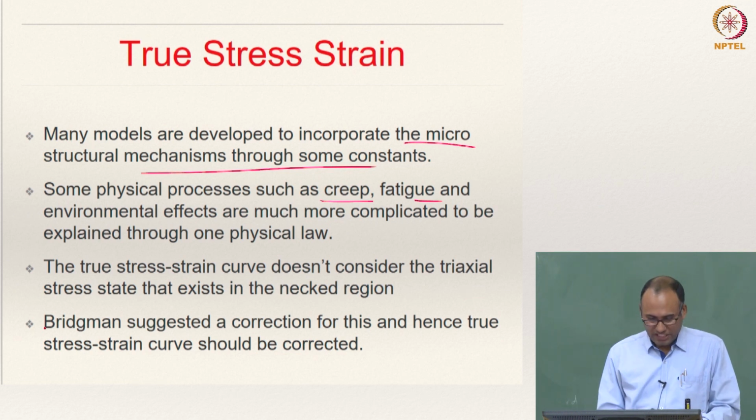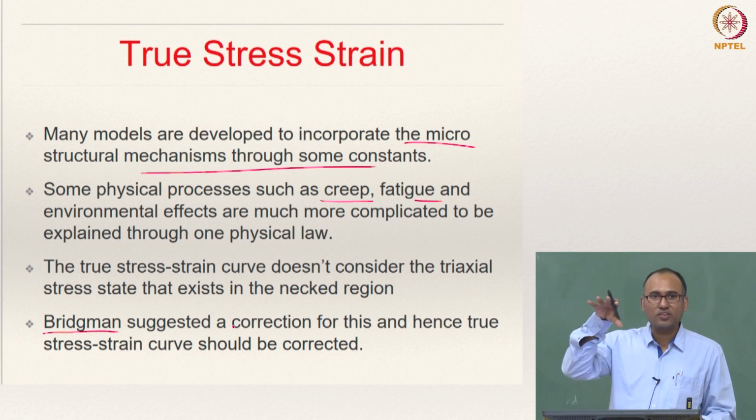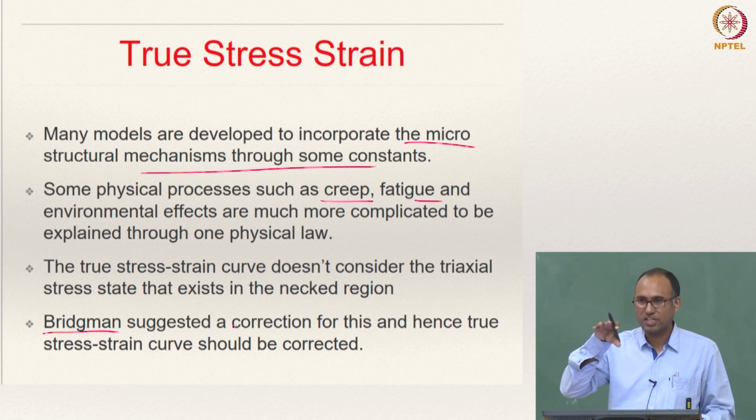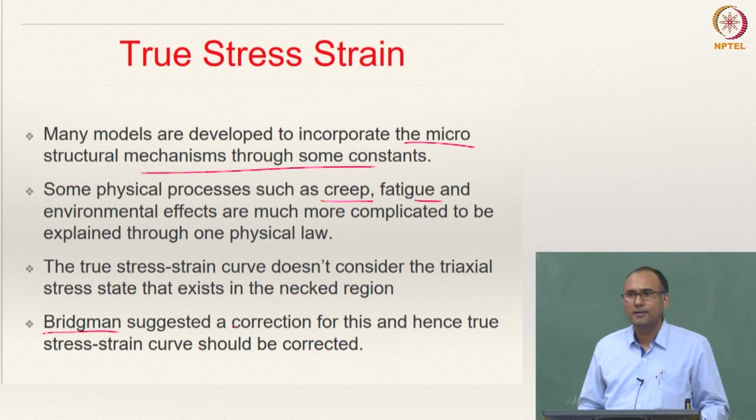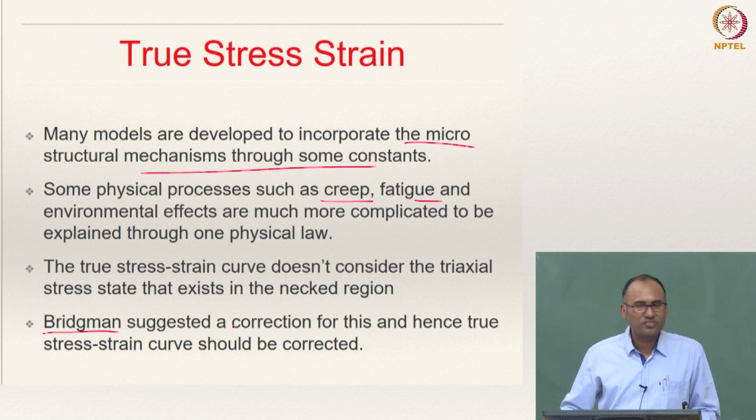Bridgman did some experiments and suggested that you need to take into consideration the local hydrostatic state of stress during necking. We will talk about it when we discuss failure theories, and why one should be concerned about local hydrostatic stress in this situation.